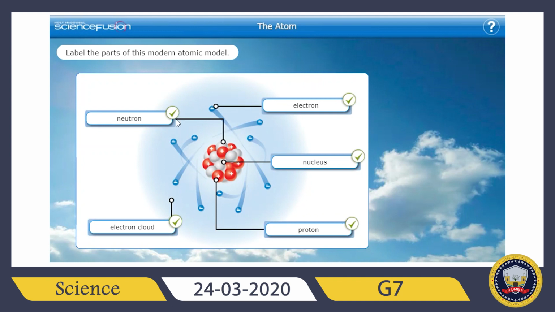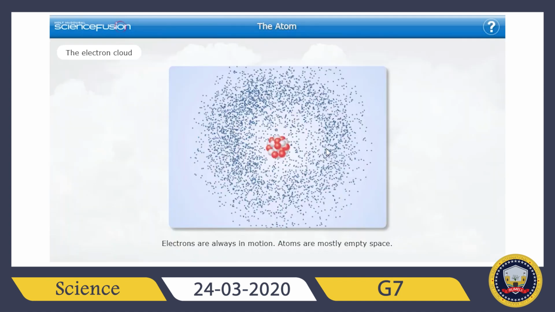Almost all of this circular shape, almost all of this space is actually empty, because the nucleus is a really small and dense structure. But even though an atom can have a lot of space around its nucleus, the space is always filled with electrons which are moving around the nucleus.